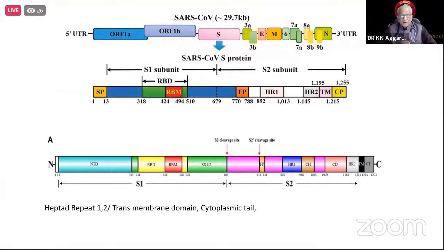So these are called ORF1A, ORF1B. This contains 16 NSPs, out of which NSP14 is responsible for proofreading along with NSP15 and 16. So ORF1A and 1B are non-structural proteins. Mutations here will cause havoc.